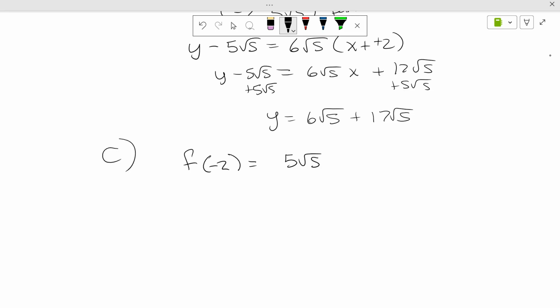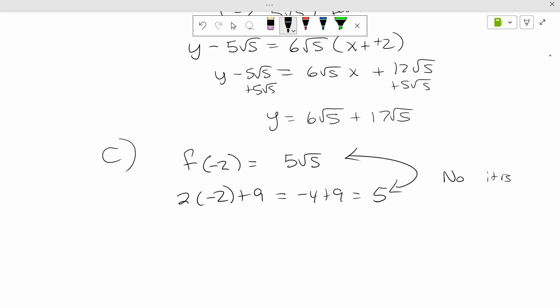And then 2 times negative 2 plus 9 equals negative 4 plus 9, which equals 5. Since these are not the same number, no, it is not continuous. They have to be the same number, okay? I'm surprised they didn't ask about differentiability there, but they didn't.